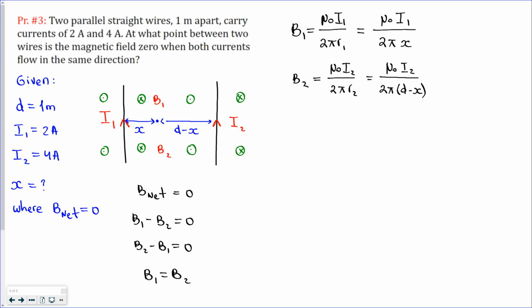It's the distance from the second wire to that point. And these expressions must be equal to each other.